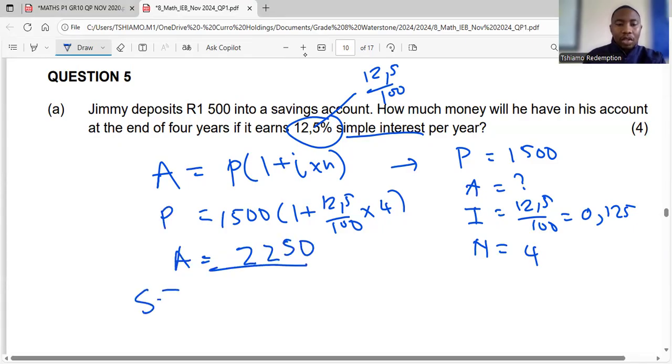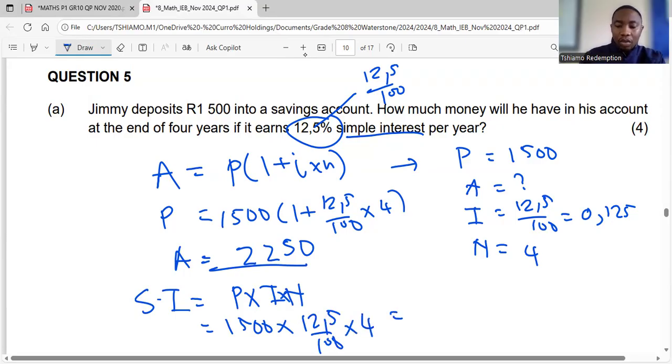And if you're using your simple interest formula, you're going to label your PIN. You multiply 1,500 times 12,5 over 100 times 4. You get how much? 750.